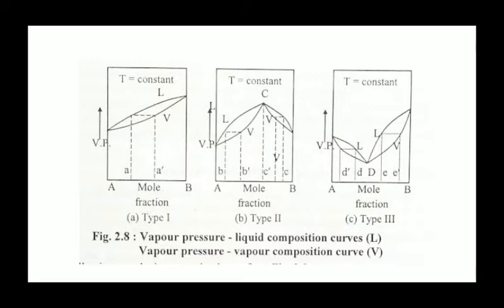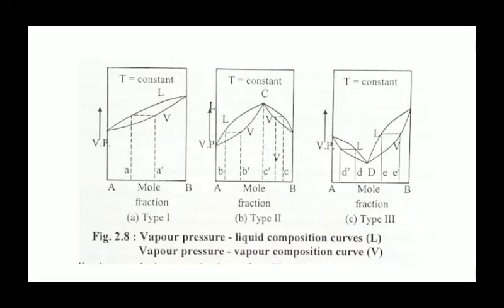The same explanation may be offered for all mixtures between A and D in type third, that means in figure C. All mixtures in this region must have vapor richer in A than the solution phase.